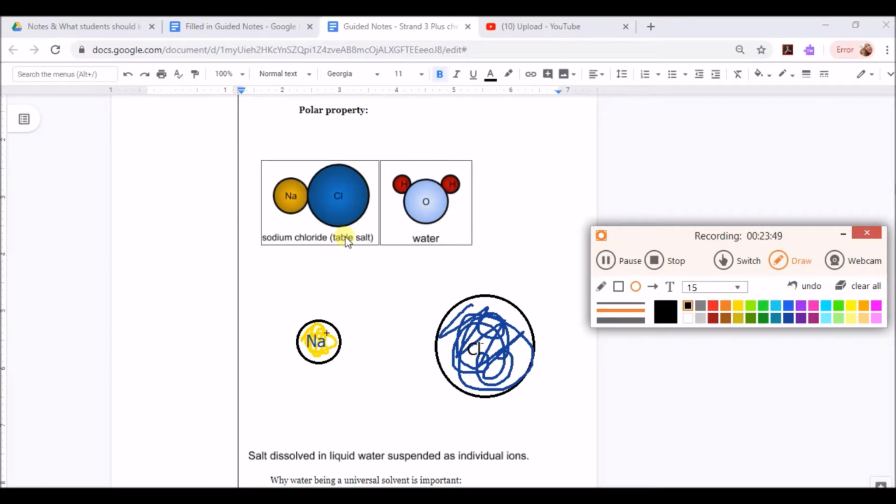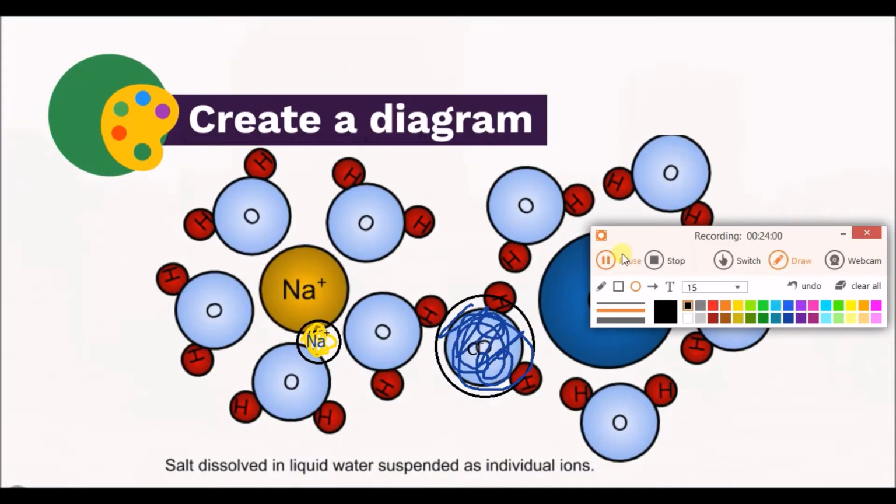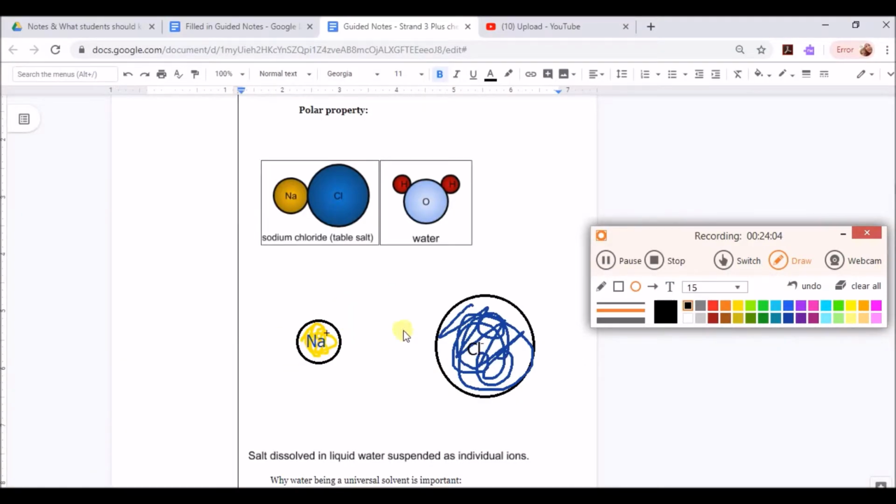So we're going to go ahead and represent that with the water molecules. It looks, again, like this. It's going to be all these water molecules surrounding our sodium and chlorine ion. So what we're going to do is go ahead and make a few circles. Right here, the positive part of the water molecule is going to be attracted to this chlorine because it is negative.